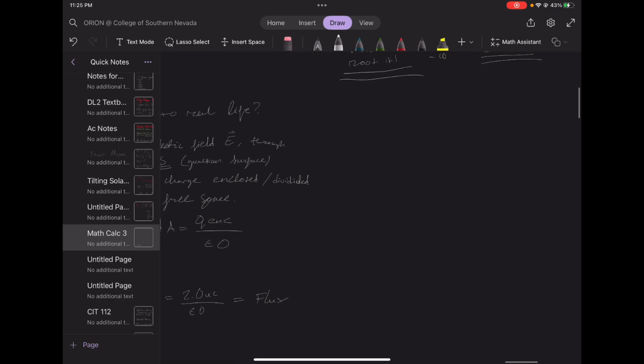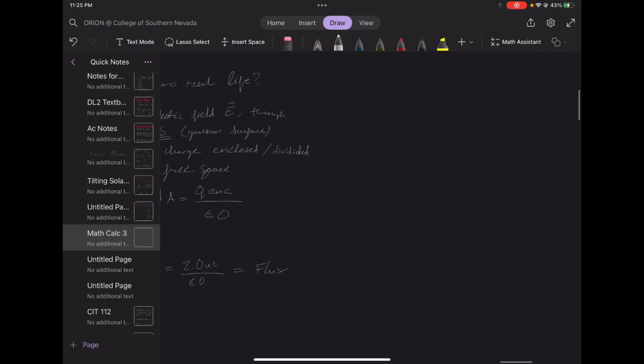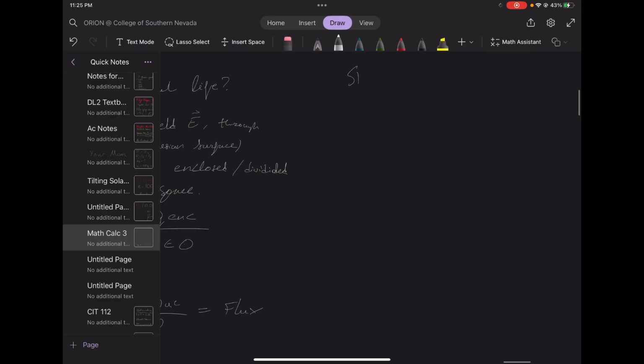According to what I found online, it's also in other forms of math, such as statistics. But the main thing that I saw was it was in engineering, specifically for electromagnetism and physics.